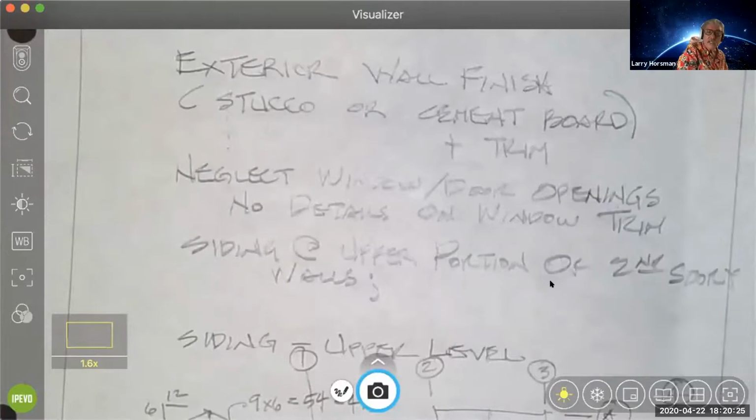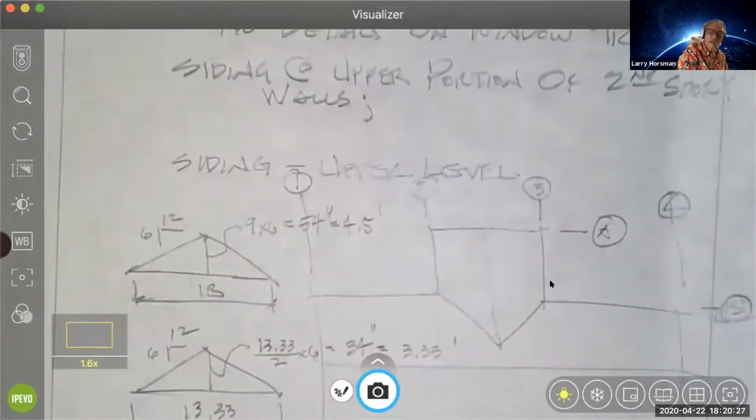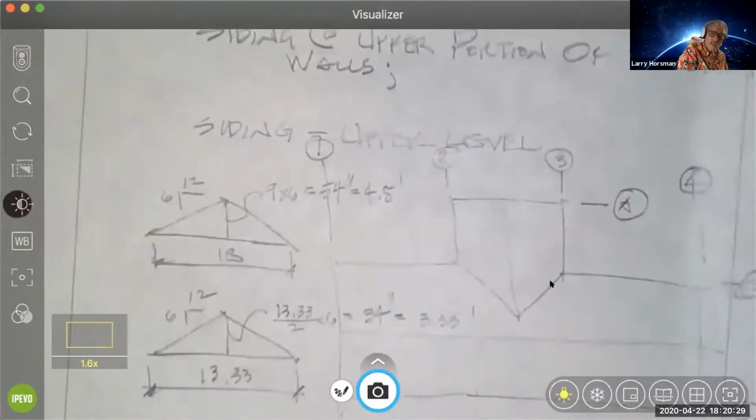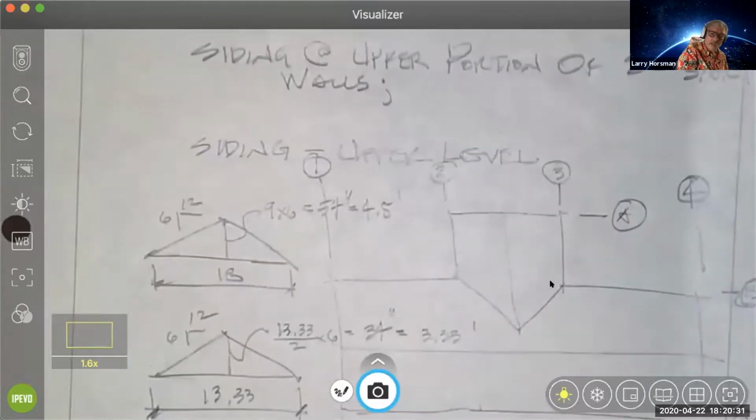So as I said, what often gets overlooked when we're doing the wall takeoffs is these little gable end pieces. And if you notice there at the two porches, there's a couple little triangular pieces of trim up there. And while those aren't great big pieces, every time you miss 10 or 15 bucks, you miss 10 or 15 bucks plus the markup, plus the overhead, plus the profit. And so those things start to chew away at you.